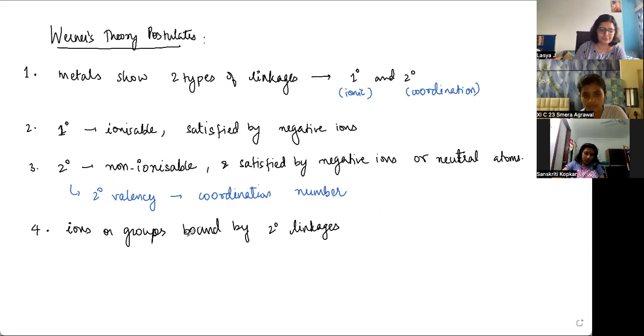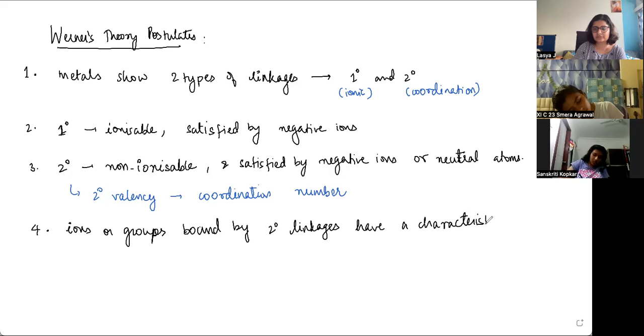So ions or groups bound by secondary linkages, they have a characteristic spatial arrangement. So that is corresponding to their coordination number.